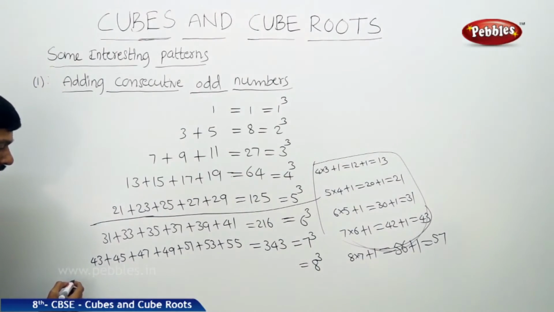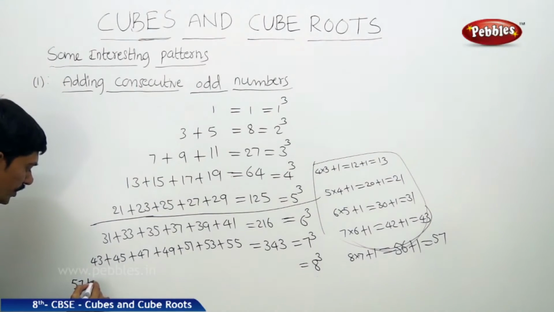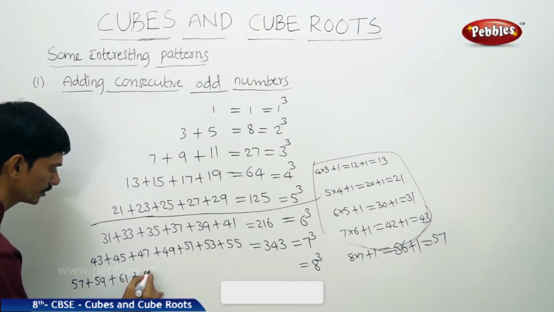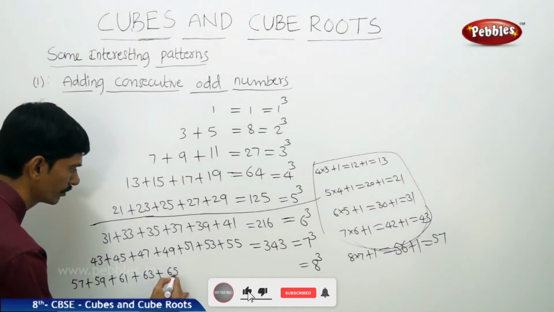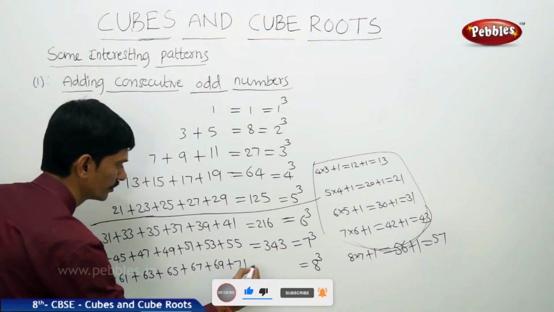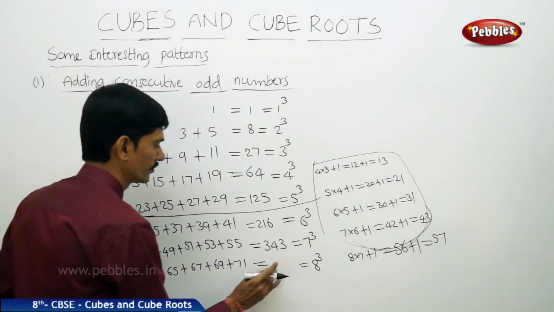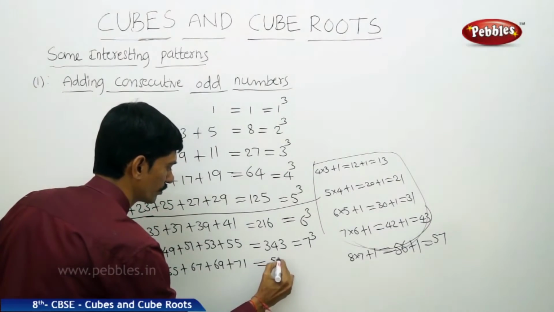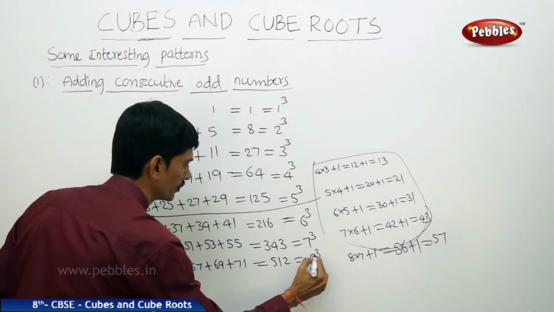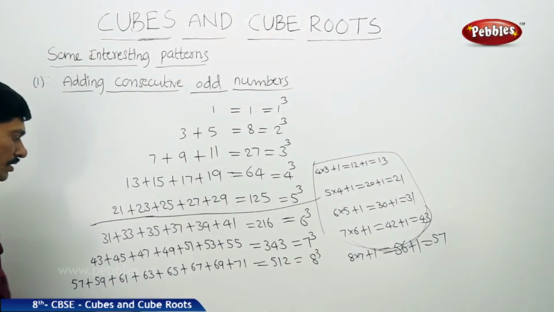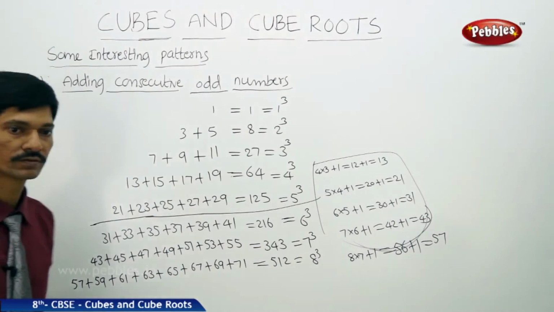Then we can write 57 plus 59 plus 61 plus 63 plus 65 plus 67 plus 69 plus 71. So 8 cube is 512. So this can be written as 8 cube. So we can write the cube of any natural number as the sum of consecutive odd numbers.